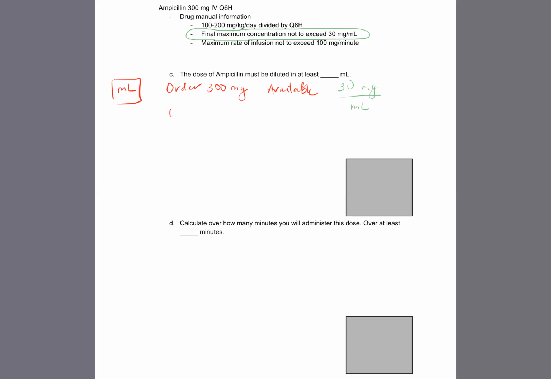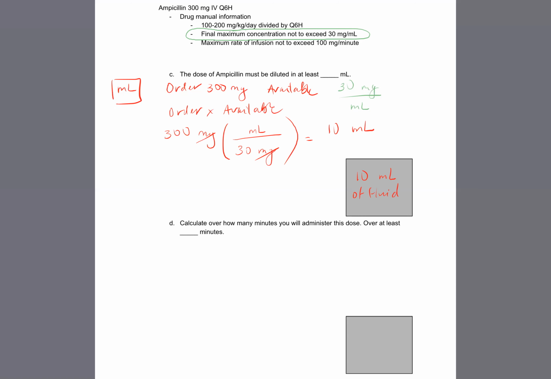So remember, order times available. You have 300 milligrams, and you want the 30 milligrams in the denominator, so the milligram units cancel. You have mLs on the top, and your answer is 10 mLs. 10 mLs of fluid.